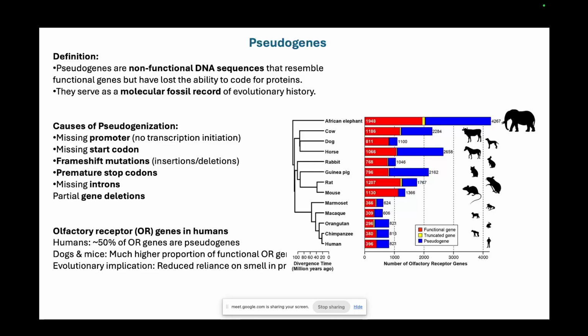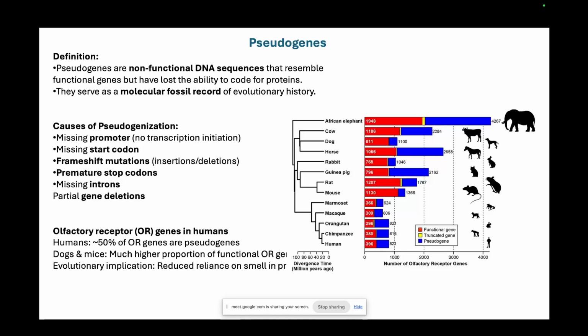But due to evolution, due to selection, these genes have lost their ability to code for functional proteins. So they serve as molecular fossil records for evolutionary history. As in, you can identify these pseudogenes and you can make an evolutionary claim about why this inactivation has happened and what kind of selections these genes have gone through.